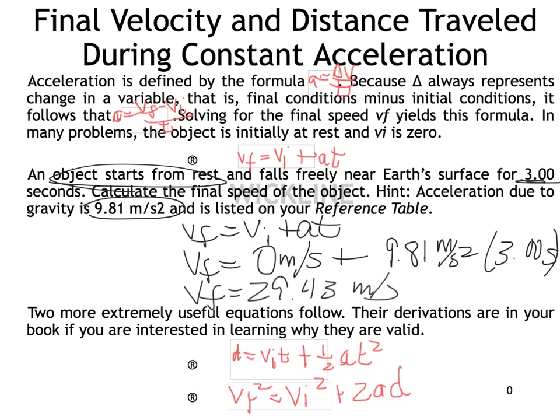And then the next one says that VF squared equals VI squared plus 2AD, and it's saying that the square of the final speed is equal to the square of the initial speed if you add double the product of acceleration and distance.